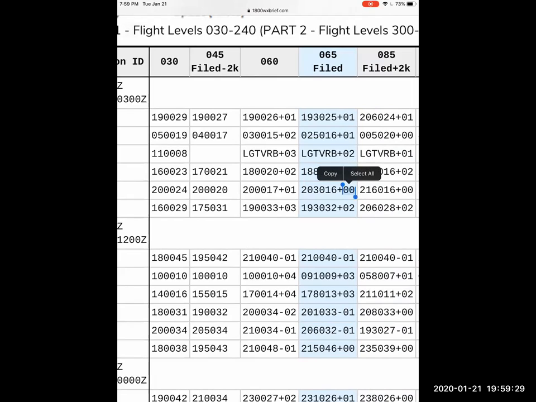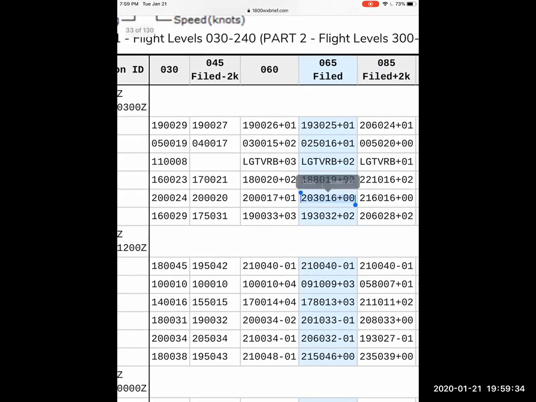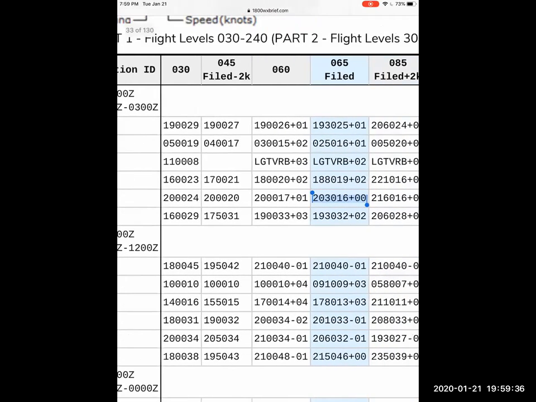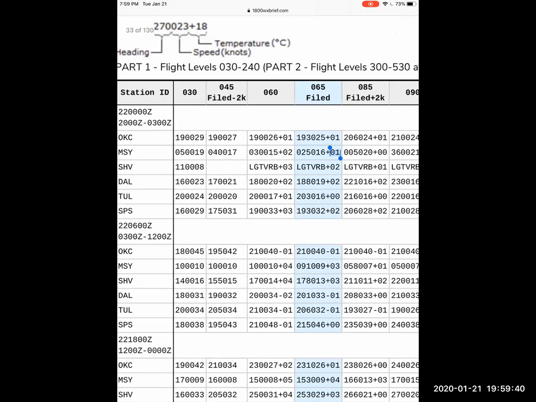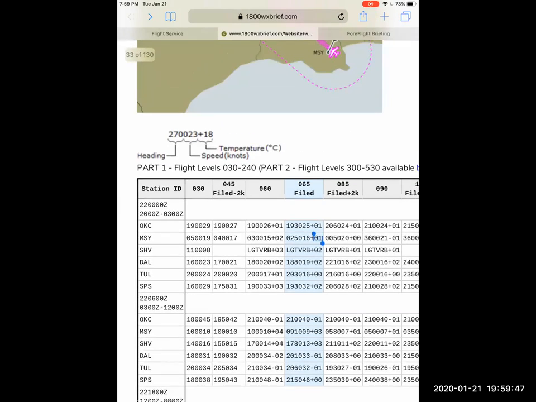So sure enough, at 6,500 feet, we expect the temperature to be 0 degrees Celsius, as opposed to initially when we depart out of New Orleans, it's slightly above freezing. So once again, an additional confirmation that we expect our altitude to be at the freezing level.